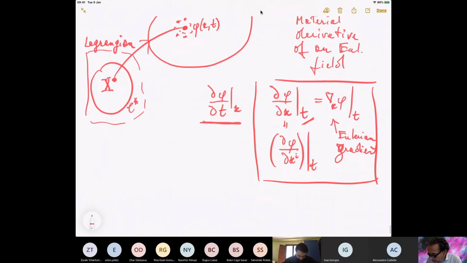Okay, what I could do, I could consider phi of chi of capital X, t, and t.